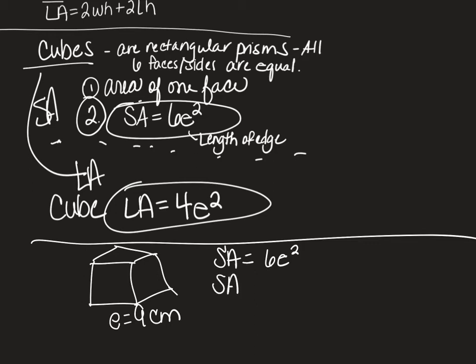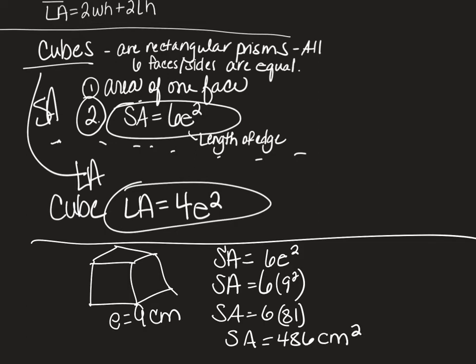So SA equals 6 times 9 squared. Okay? What is 9 squared? 81. So SA equals, when you multiply 81 times 6, I'm just going to tell you what you get. You get 486. And of course, you're always going to write your answer in centimeters squared.